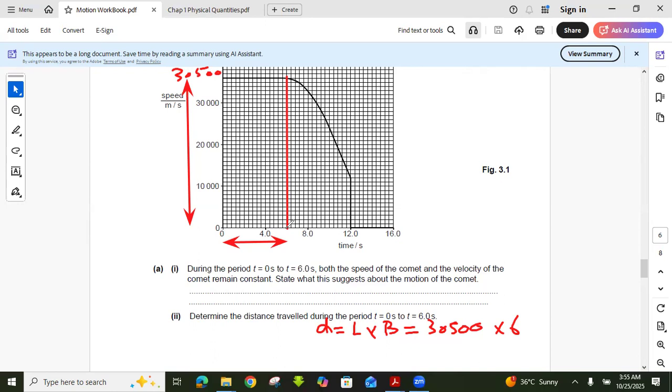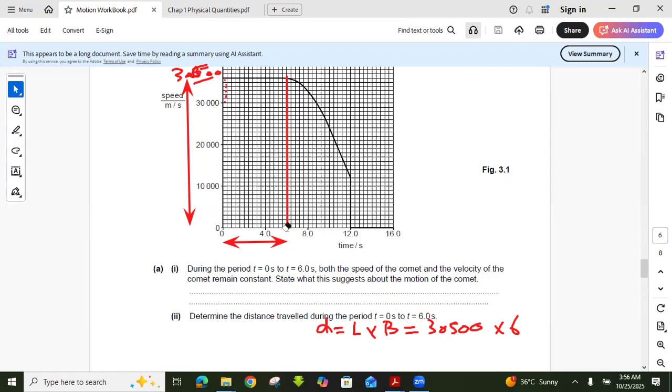This is 30,100, 30,200, 30,300, 30,400, 30,500, 30,600, and 30,700. What do you think? It's 30,700. So now we need to change the values.